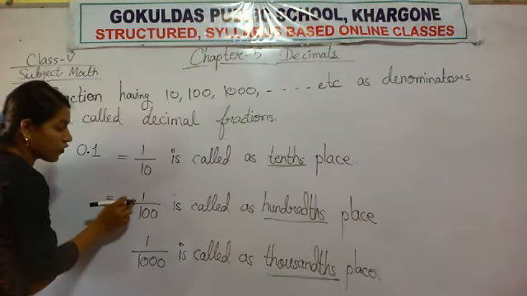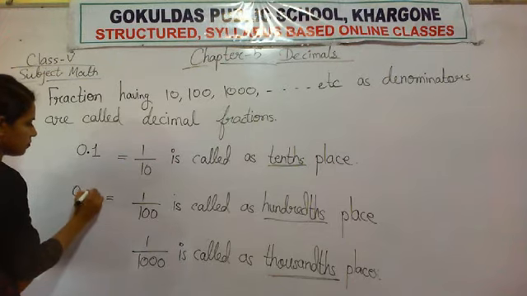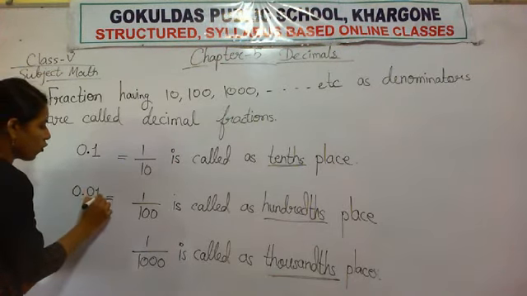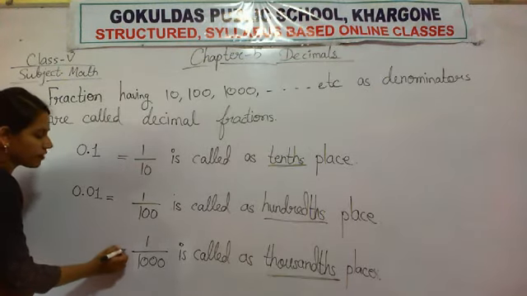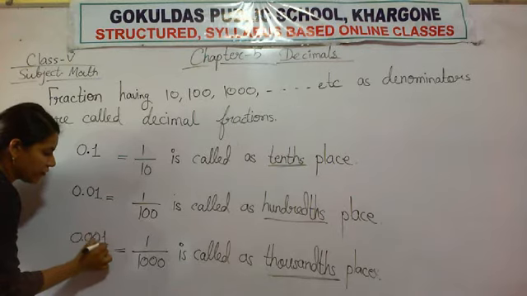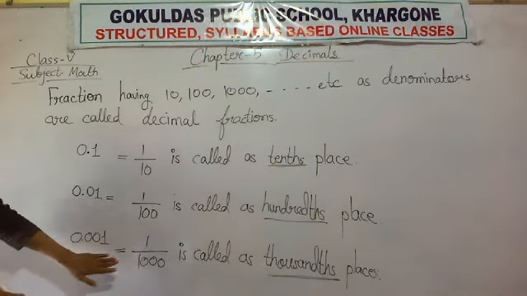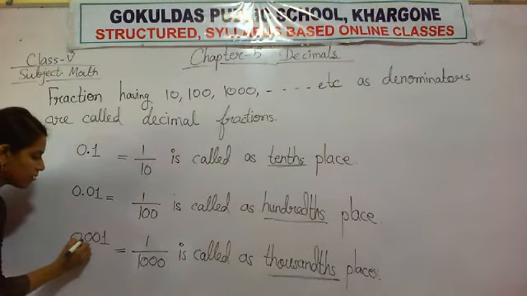I can write 1 upon 100 as 0.01. I can write 1 upon 1000 as 0.001. We will learn later how to write these fractions as decimals.